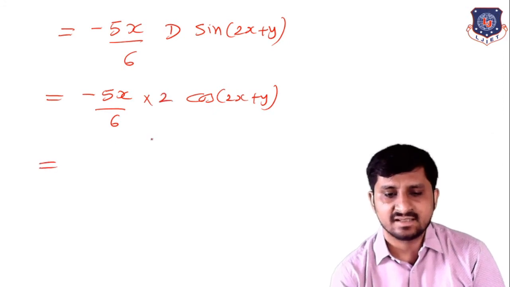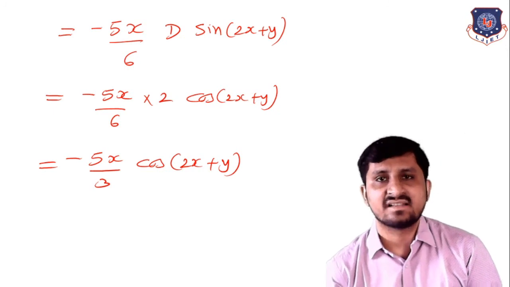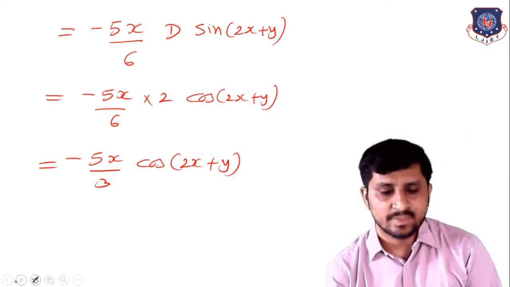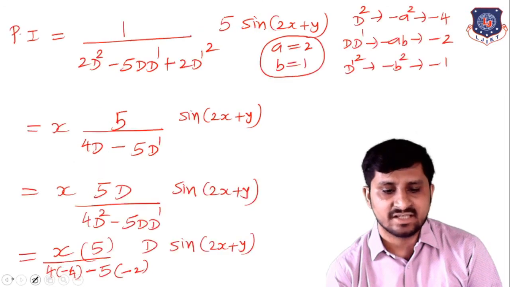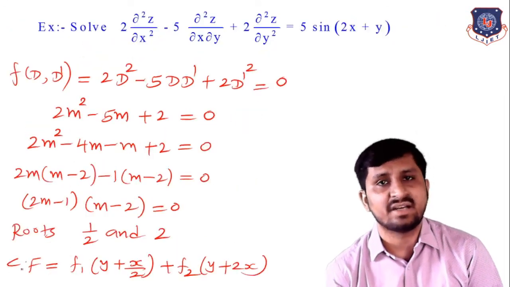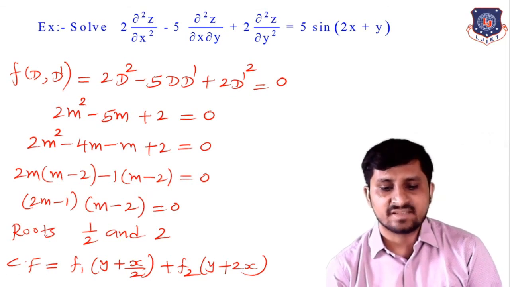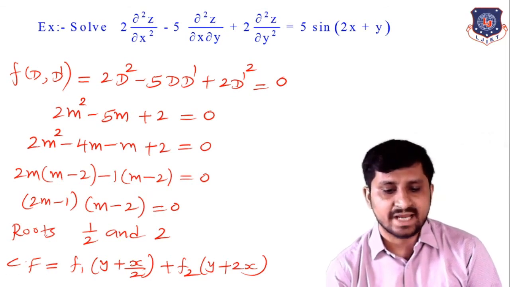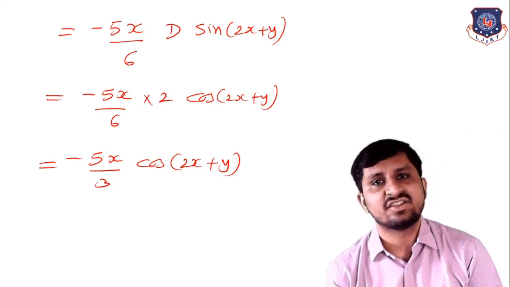So the final answer is −(5x/3) cos(2x + y). Okay, so this is my final answer for the particular integral. And don't forget to write the general solution. What is my general solution? z is equal to complementary function plus particular integral. So z = f1(y + x/2) + f2(y + 2x) − (5x/3) cos(2x + y). This is my general solution.